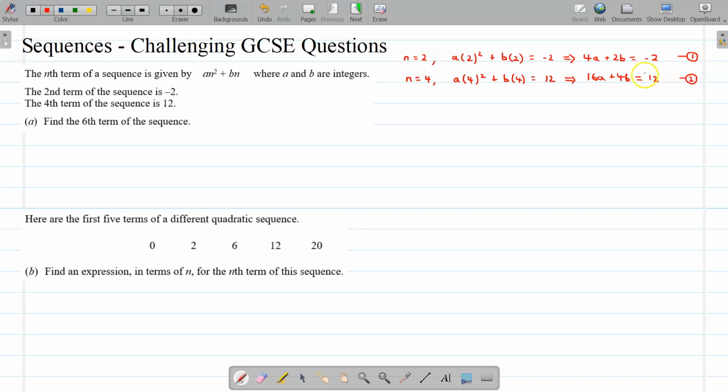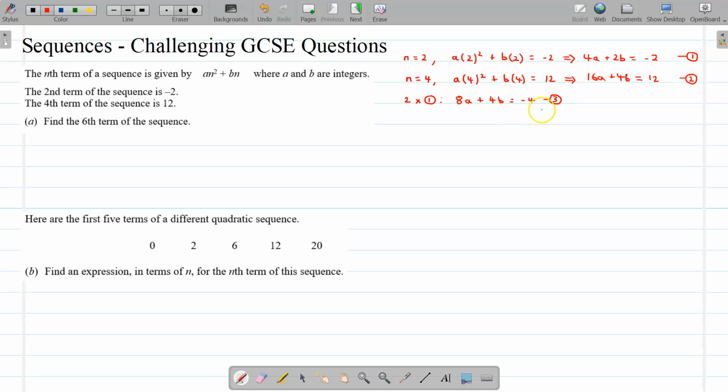What we're now going to do is eliminate b, and we can easily do that if we double the first equation so it also contains 4b. So I'm going to take equation 1 and multiply the whole equation by 2. That becomes 8a plus 4b equals -4, and I'm going to call that equation 3.